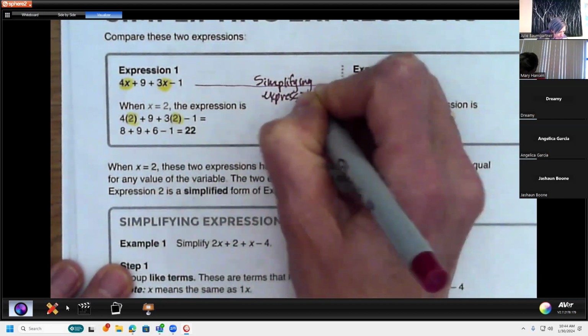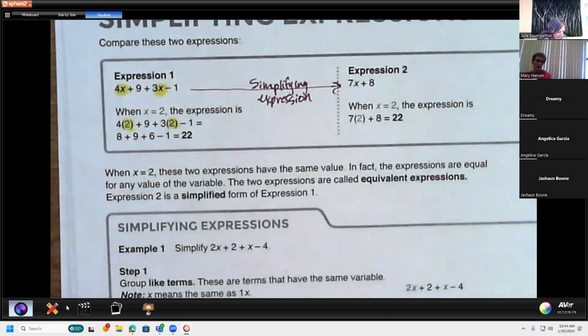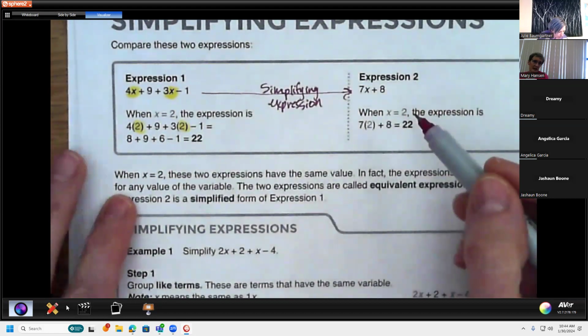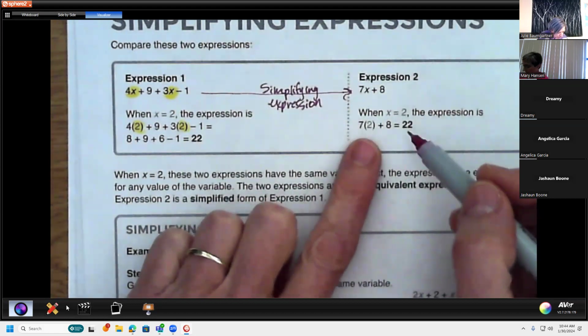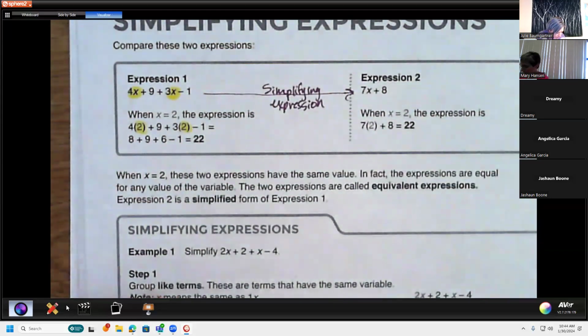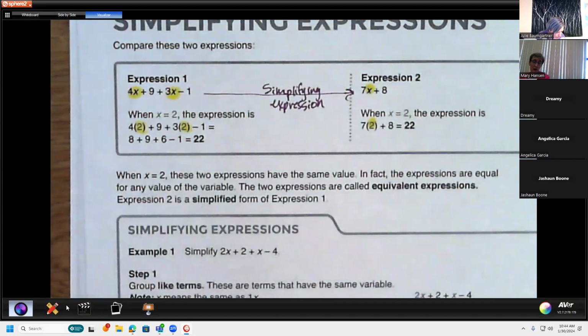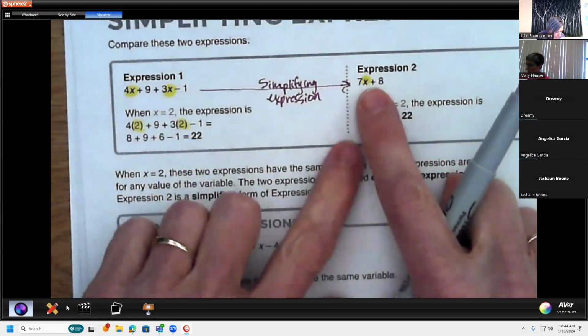And it's that process of taking that long order and putting together the things that are the same. And so to convince you, you get the same answer. When x is 2, we're going to substitute 2 in for x. There's only one x now to put 2 in for.